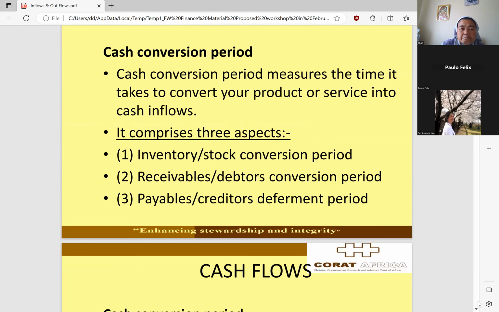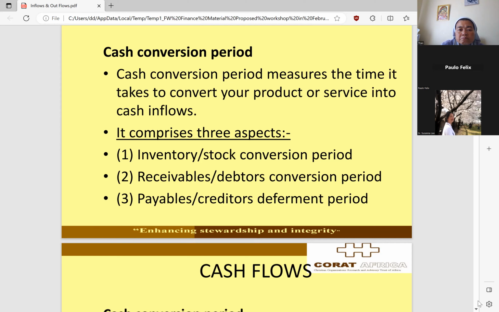Then I have the cash conversion period. The cash conversion period measures the time it takes to convert your product or service into cash flow. It comprises three aspects. First is the inventory stock conversion period, which is what you have in stock and how long it takes to convert the stock into cash.